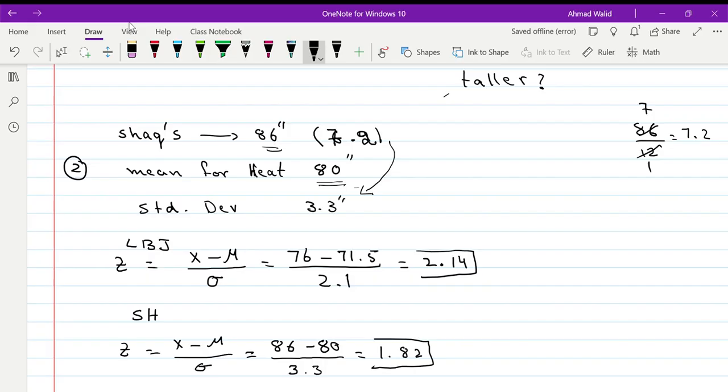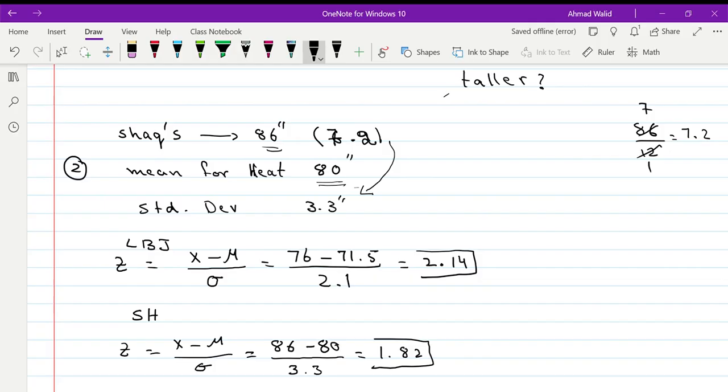Why is he relatively taller? Because he was one of the tallest presidents, 6'4" something. He was tall compared to the other presidents of the United States. But for Shaq, the z-score is smaller. It means the average height in the Miami Heat was really tall.